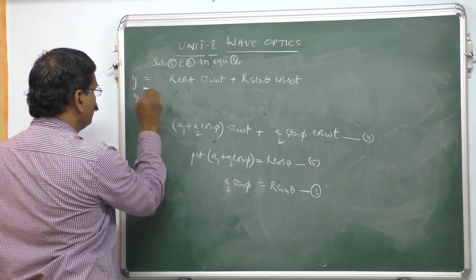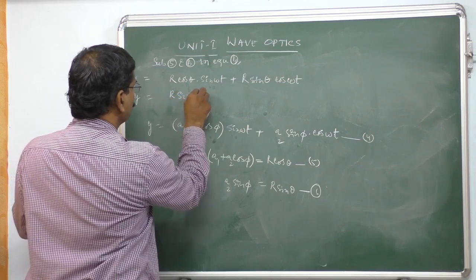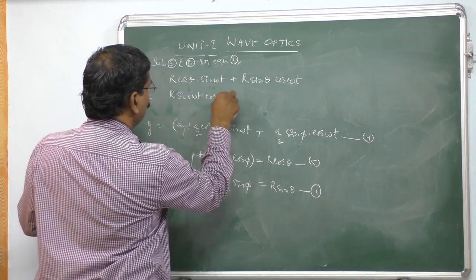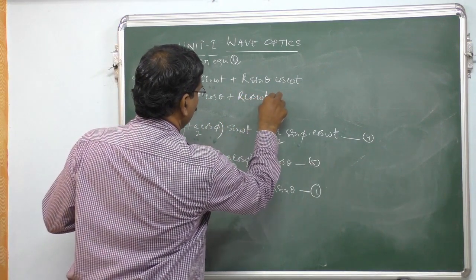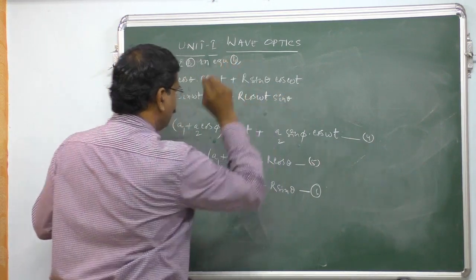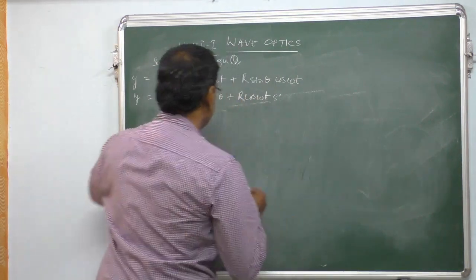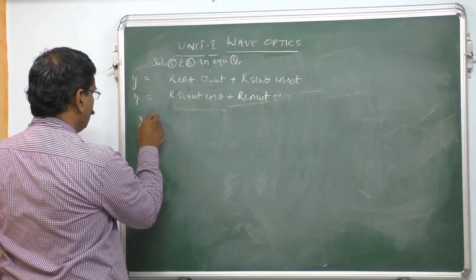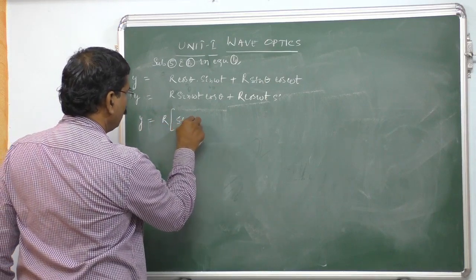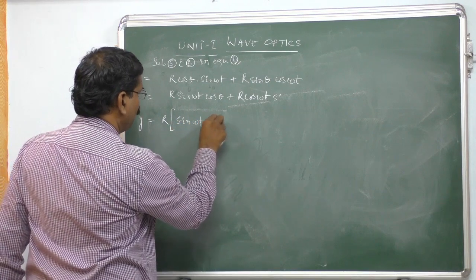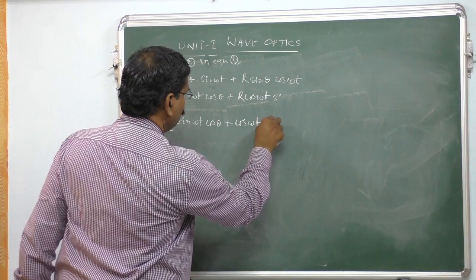Therefore y is equal to R sin omega t cos theta plus R cos omega t sin theta. ఇప్పుడు ఈ రెండింటిలో మనం ఏం కామన్ చేయొచ్చు R కామన్ చేయొచ్చు. y is equal to R into sin omega t cos theta plus cos omega t sin theta.